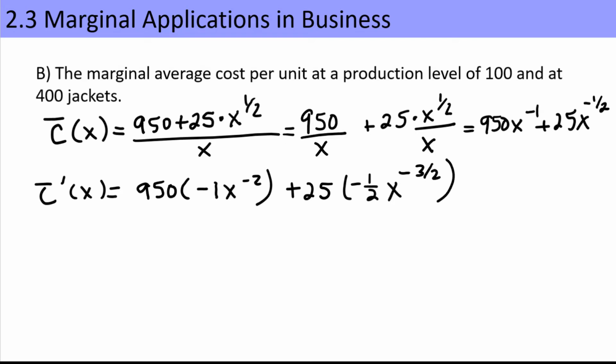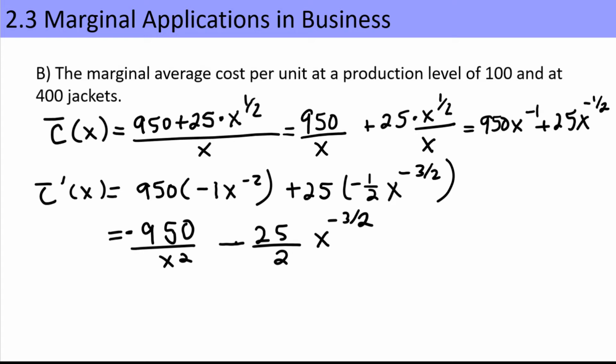We can clean this up a little bit and rewrite it as negative 950 over x squared minus 25 over 2, and then I'm going to go ahead and just write this as x to the minus 3/2.